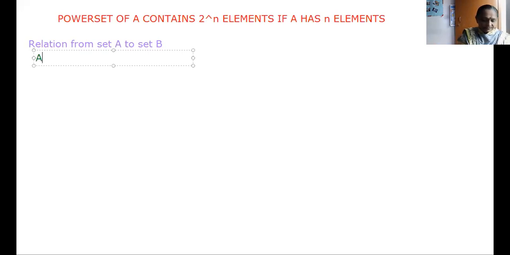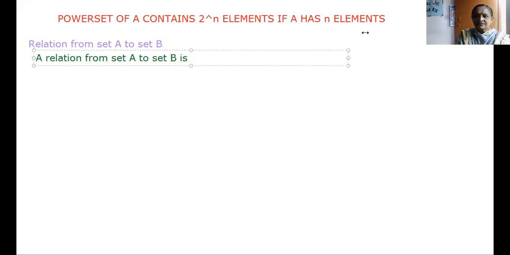A relation from set A to set B is a subset of A cross B. A relation from set A to set B is a subset of A cross B.